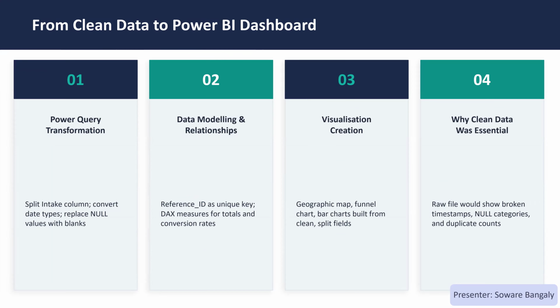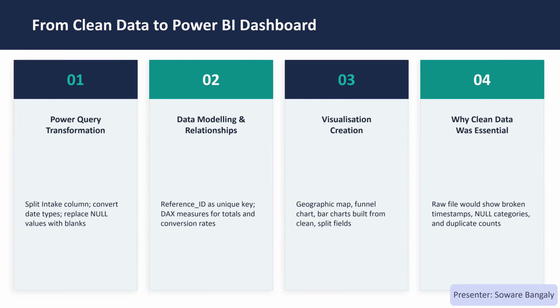Okay, from there, we went on to do the visualization. We started with Power Query for data transformation. After transformation, we moved to data modeling and relationships to check if there's any relationship between data. After that, we moved to visualization creation, where we made use of a geographic map, funnel chart, and bar chart, built from clean and split fields.